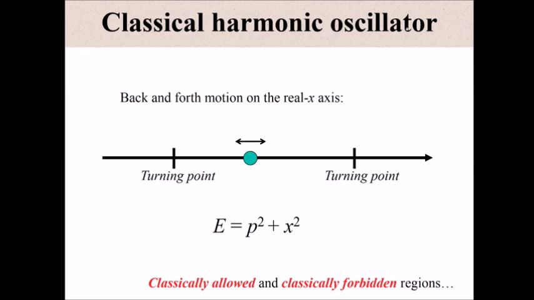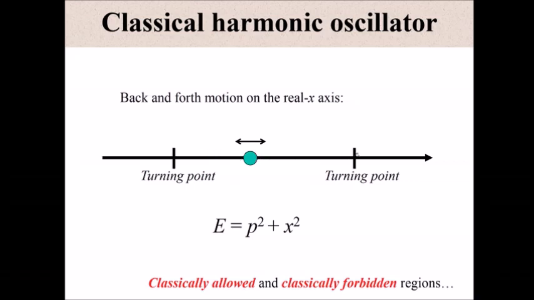The very first topic when you go to college and you're a first year undergraduate student in physics, you study the harmonic oscillator. And this is what you learn. If you have a particle on a spring, the particle goes back and forth.